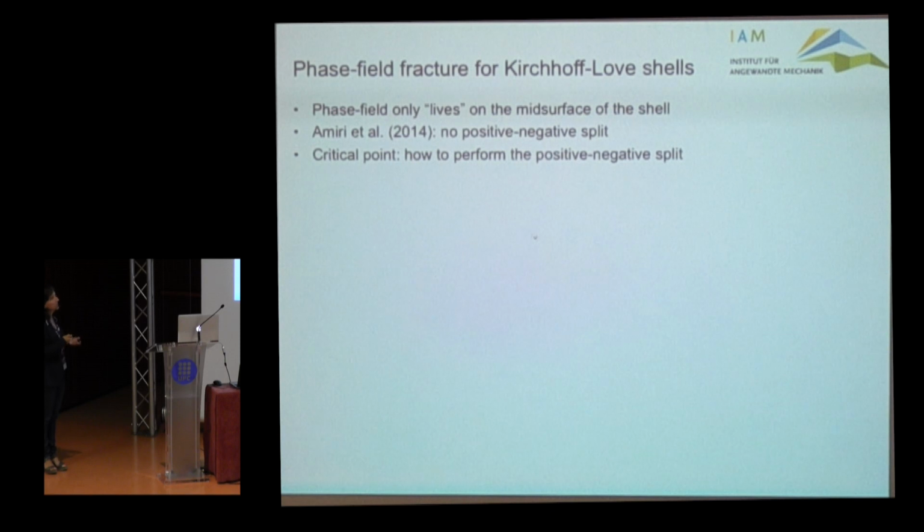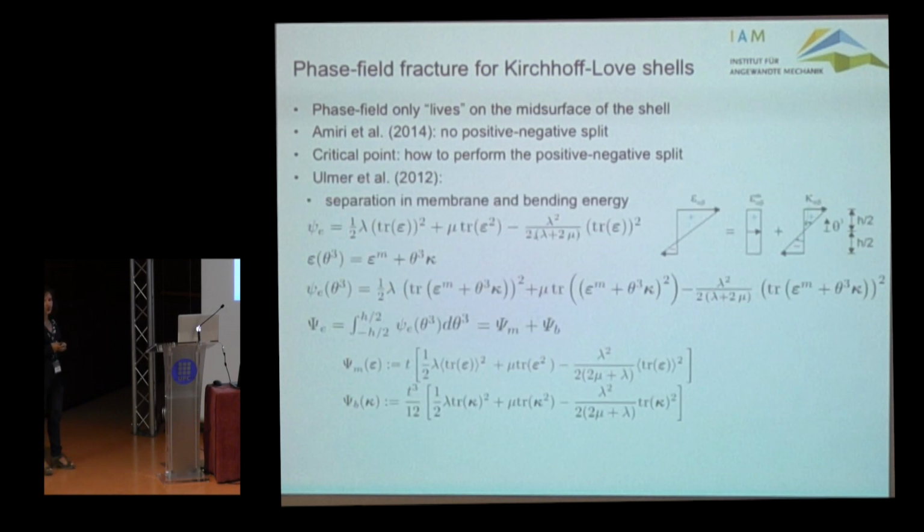As I was mentioning, the phase field only lives on the mid-surface. And at the same time, you want to account for the fact that the stress field varies over the thickness. Now there had been previous works, only two. In the first work there had been no positive-negative split, which is in our view unrealistic. And so this was the critical issue that we wanted to tackle, how to perform the split.